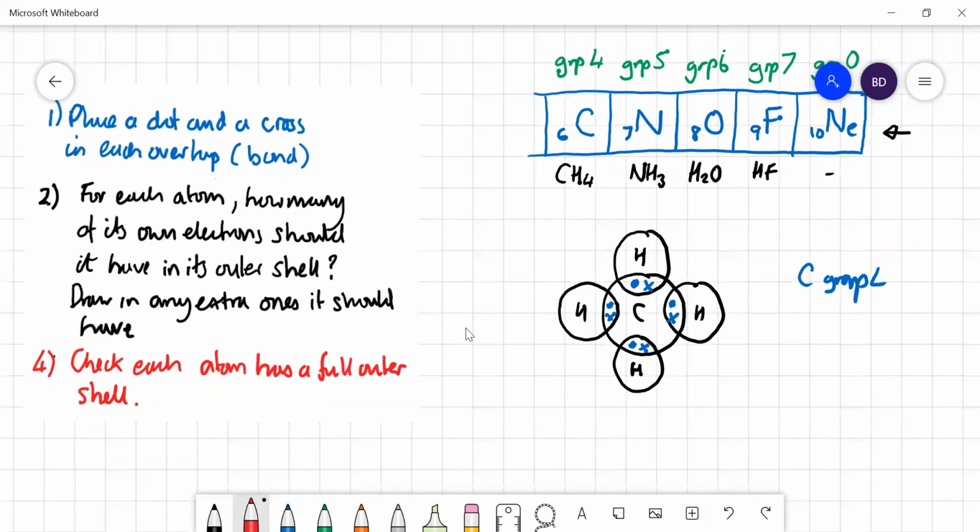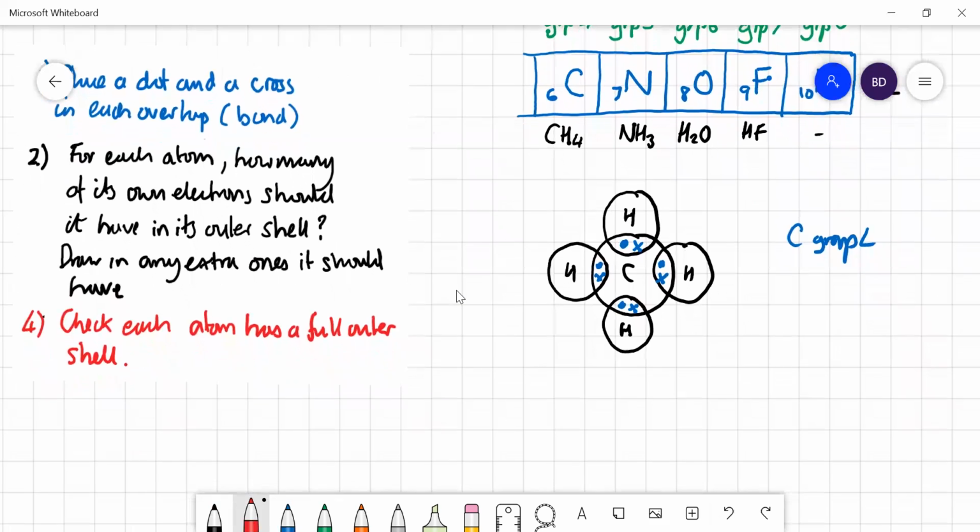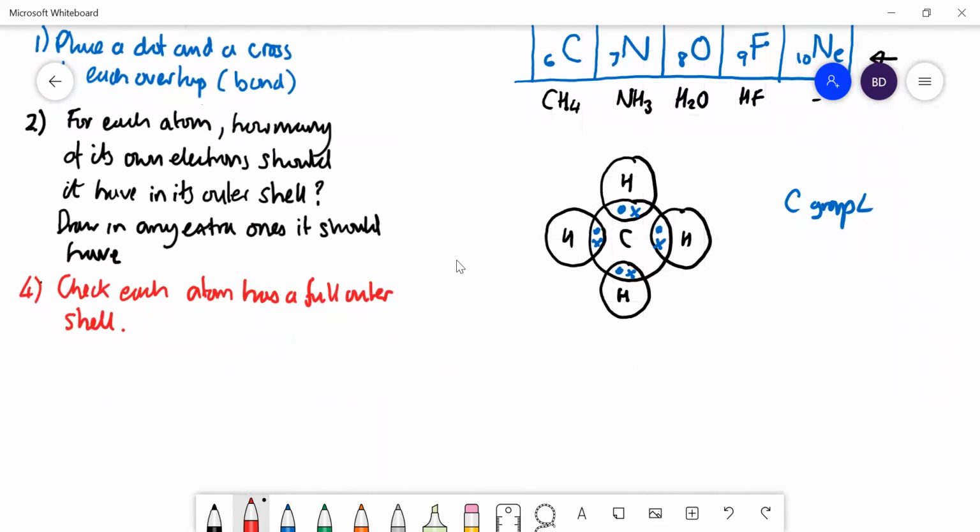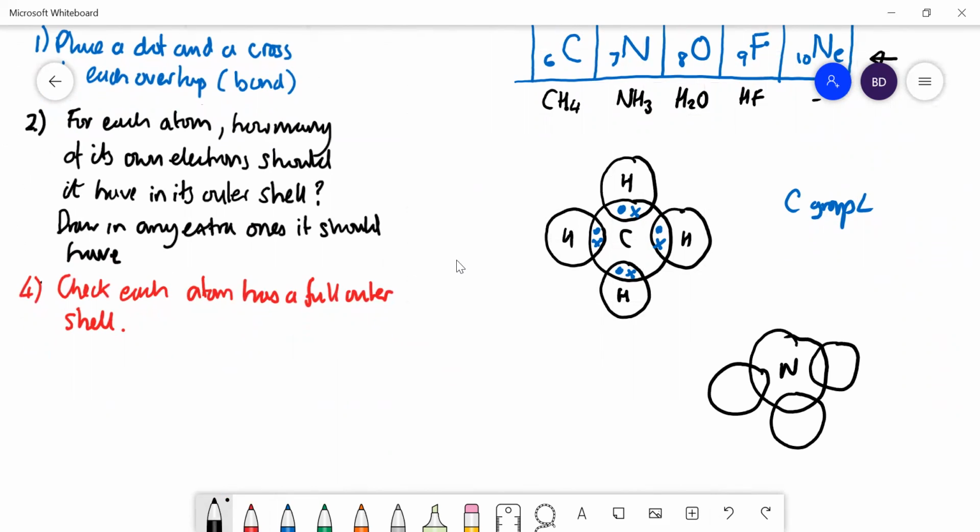Okay, so let's now do that for ammonia, NH3. I'm going to follow the same set of instructions. Place a dot and a cross in each overlap. I'll put the H's in for the hydrogen here. Dot and a cross, dot and a cross, dot and a cross. Right. How many of its own electrons should each atom have in its outer shell?